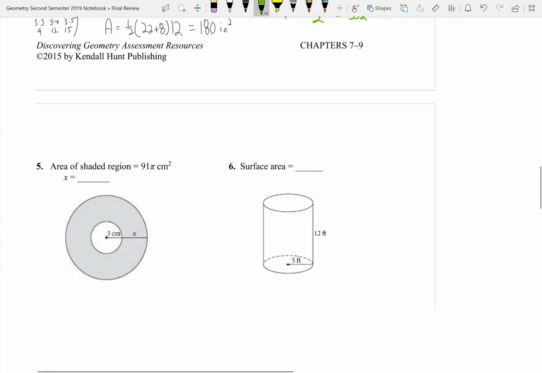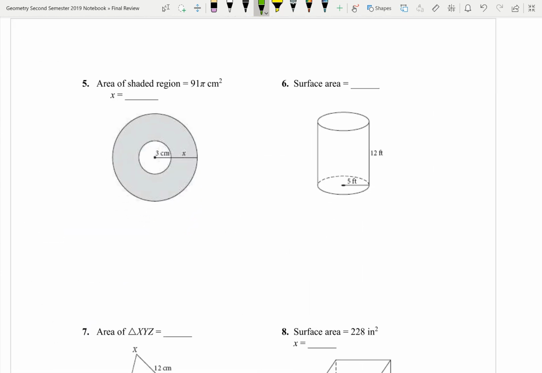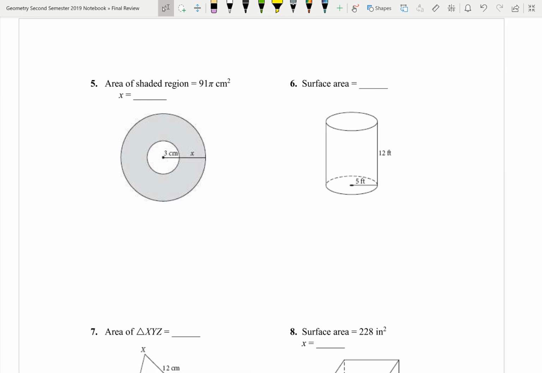Let's see. Number 5. So here we need the area of the shaded region, which is equal to 91 pi centimeters squared. So basically we need to find the area of the large circle and subtract the area of the small circle.